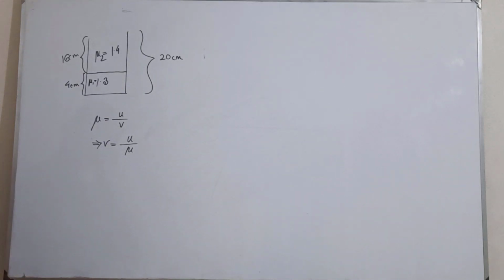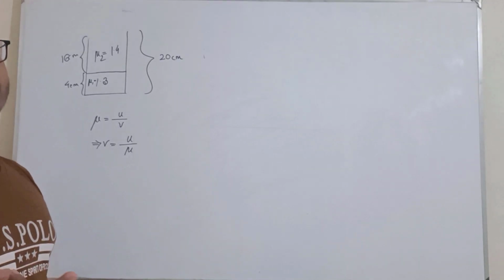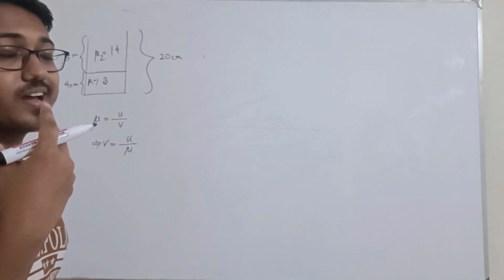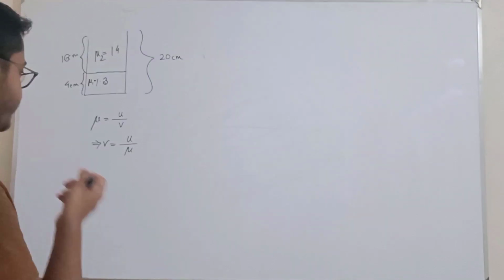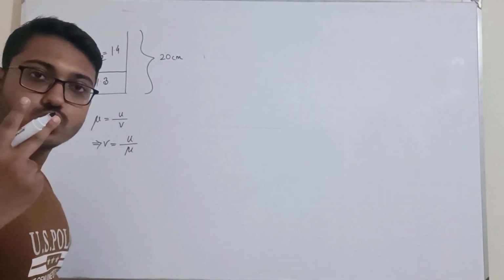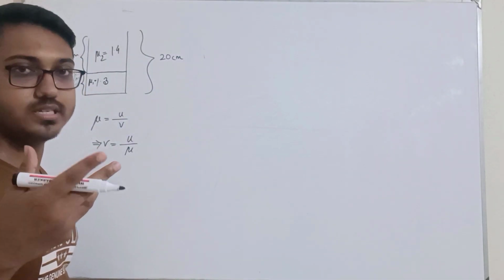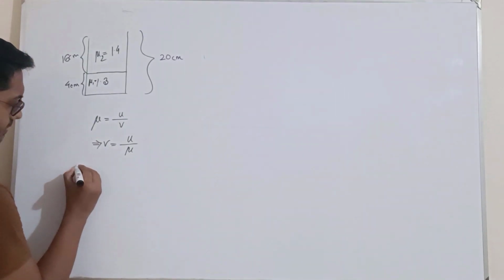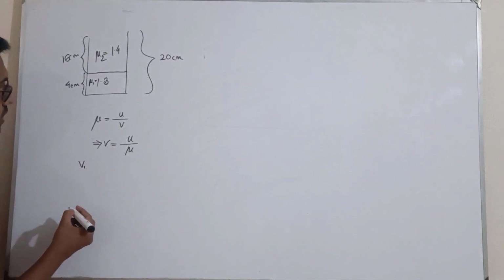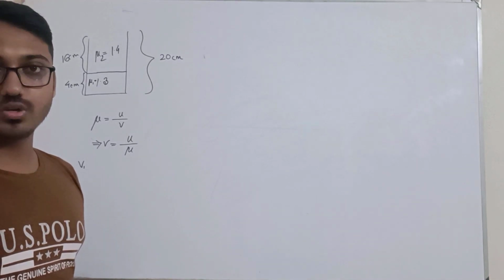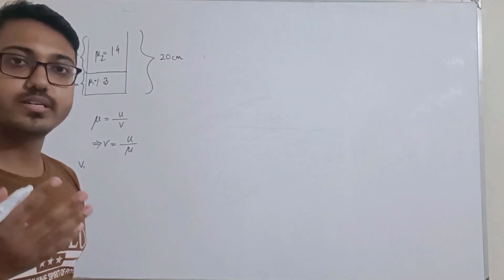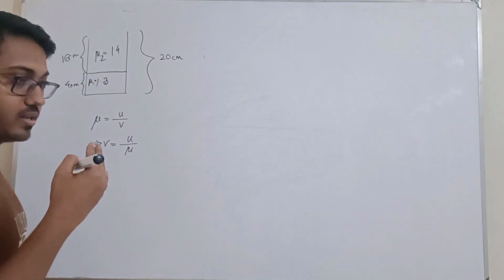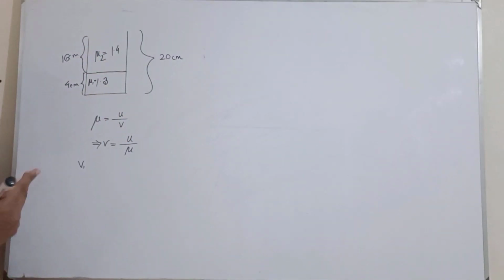But the problem here is that we have two types of liquid with two refractive indices, so we'll have two apparent distances. Name them V1 and V2. Summing V1 and V2, we will get our desired apparent distance of the entire container.